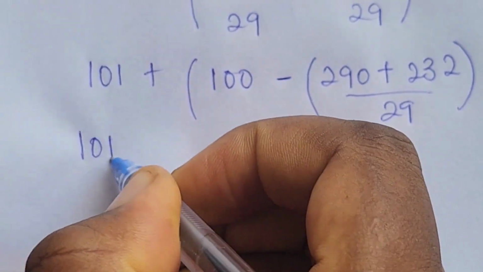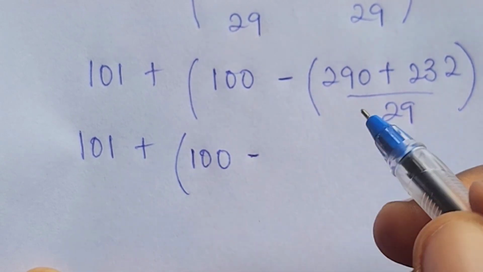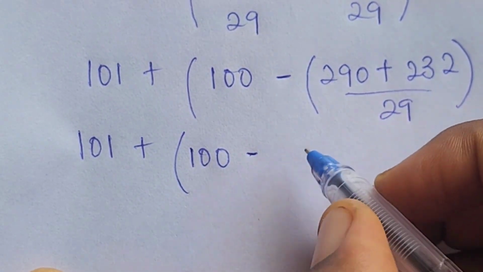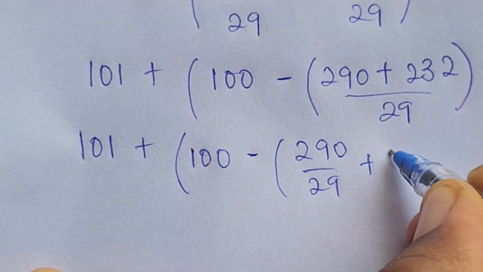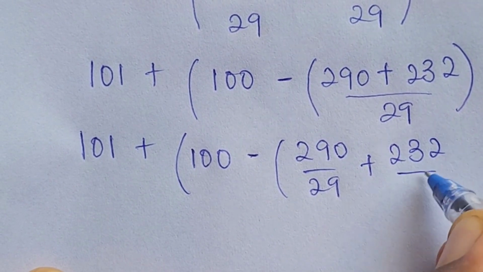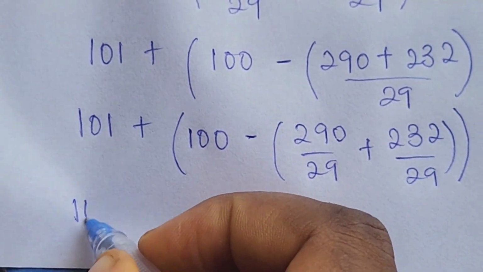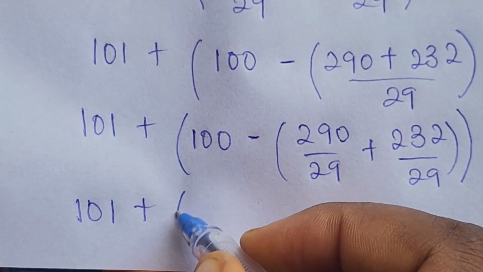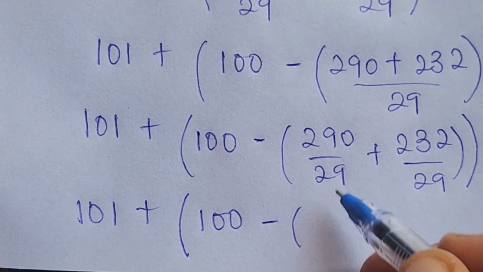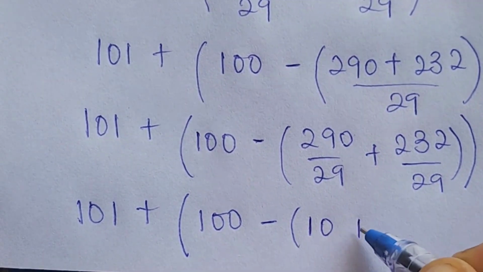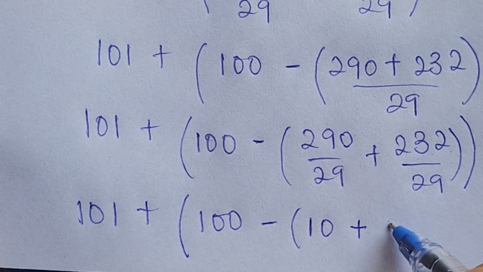We have 101 plus we have 100 minus, we'll split this to have 290 over 29 plus 232 over 29. So we have 101 plus we have 100 minus 290 divided by this, we have 10 plus we have 232 divided by 29, we have 8.